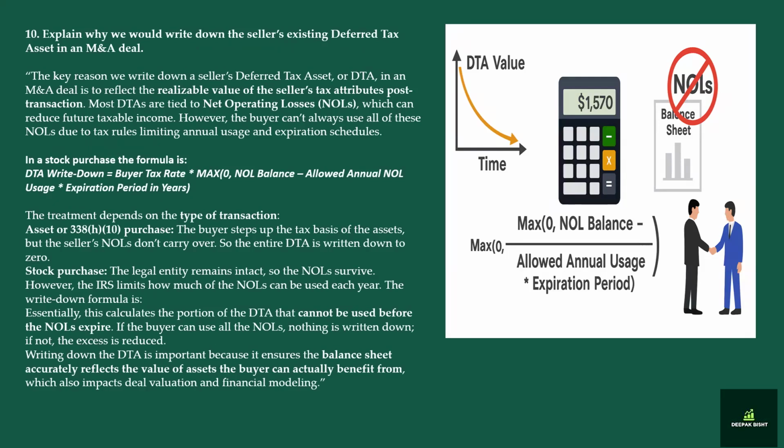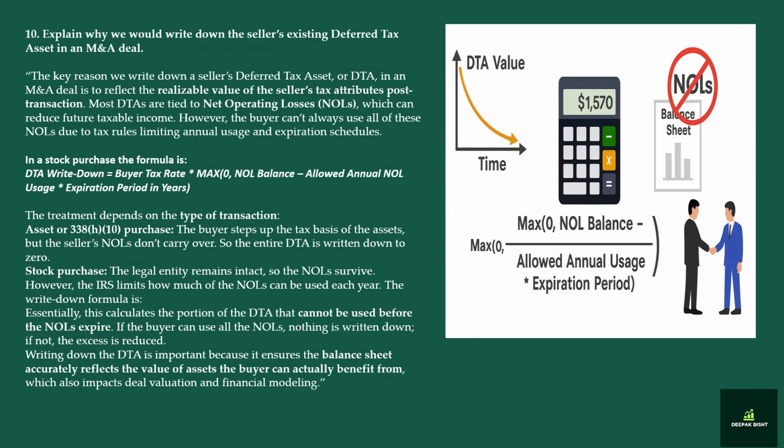Question number 10 is: explain why we would write down the seller's existing deferred tax asset in a merger and acquisition deal. So, write down of deferred tax asset in a merger and acquisition deal.